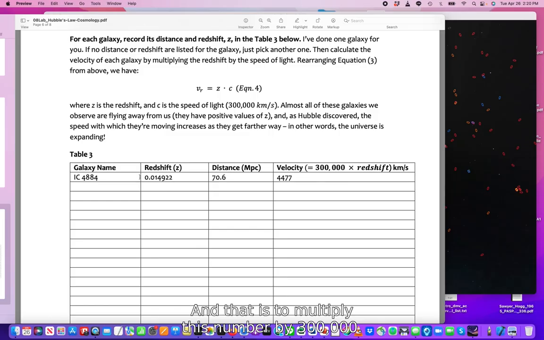That is to multiply this number by 300,000. Just don't overthink this. Multiply your redshift z right here by 300,000 to get the velocity in the correct unit of kilometers per second. That's what we want. That's what has been standardized.